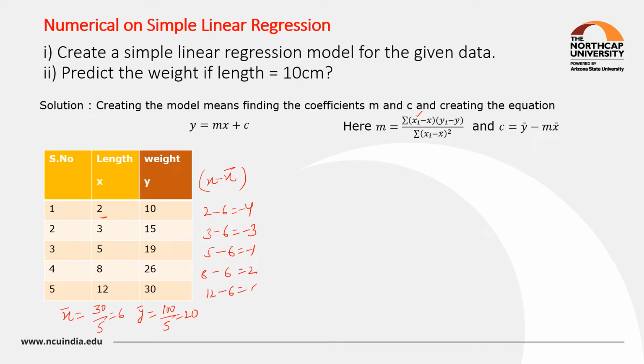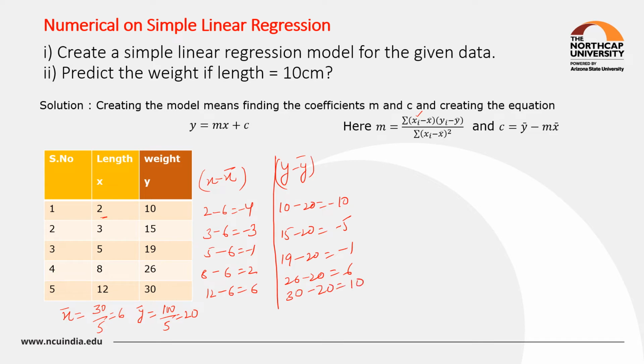Let's calculate y minus y bar. 10 minus 20, that is minus 10, 15 minus 20 is minus 5, 19 minus 20 is minus 1, then 26 minus 20 is 6, and last is 30 minus 20, that is 10.